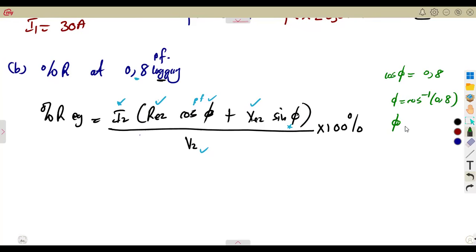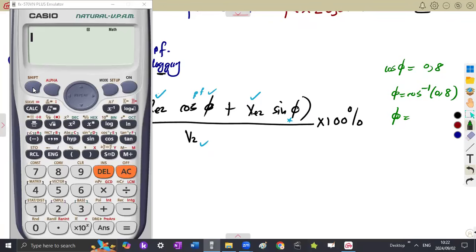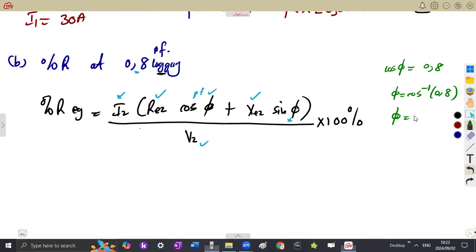I'm going to show you on a calculator so that you also obtain exact values. Shift cos 0.8, close it. That is your angle, 36.87, whatever you're having there.